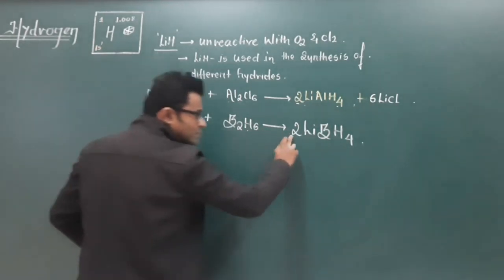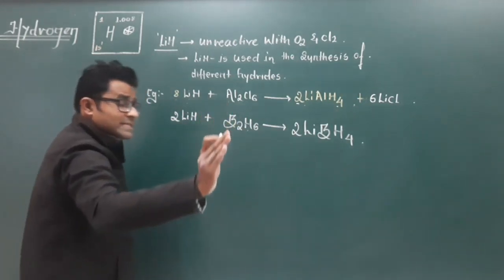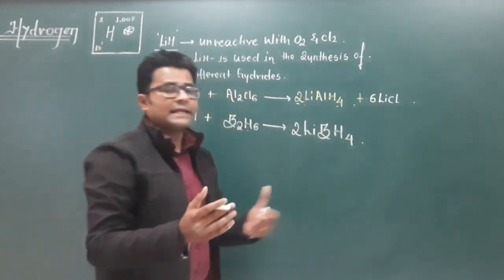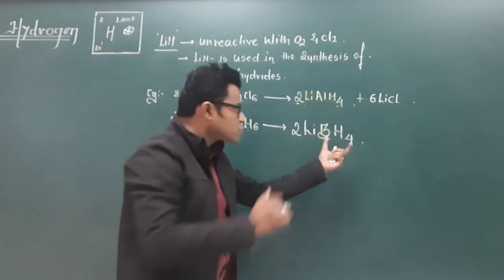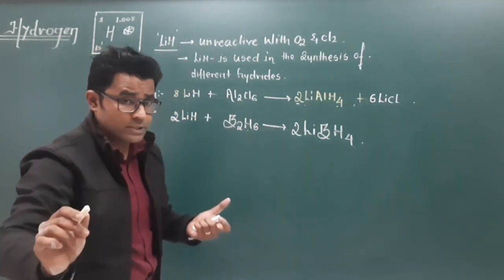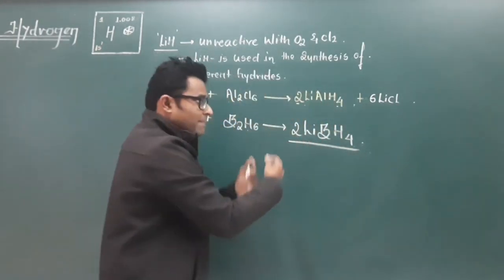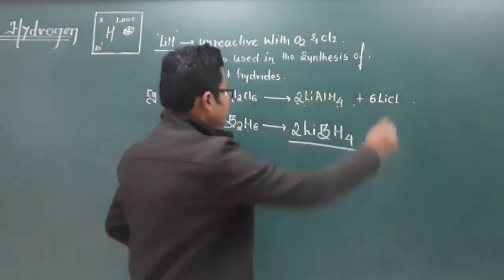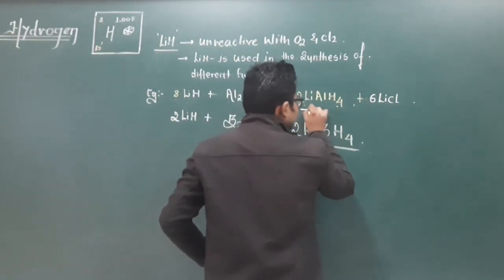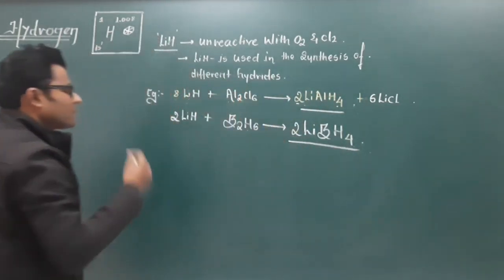So 2 lithiums, 2 hydrogens plus 6 hydrogens, that becomes 8 hydrogens totally on the reactant side. So 2 into 4, again, we have 8 hydrogens on the product side. So these are called balanced chemical equations. Now here we have created lithium borohydride. Here we call this one lithium aluminium hydride. So this is how it follows.